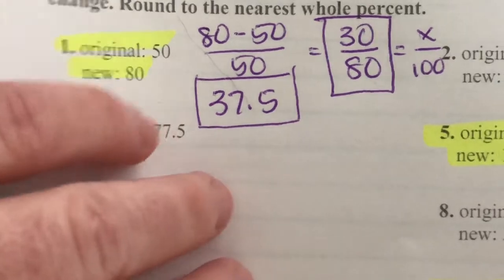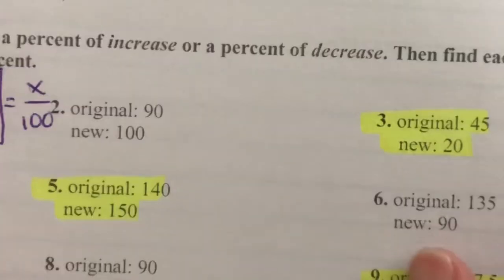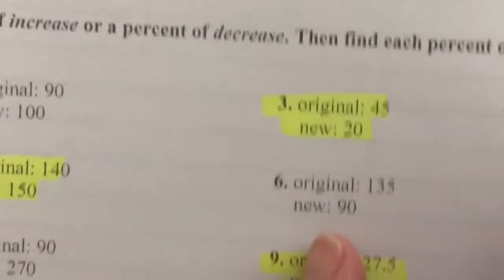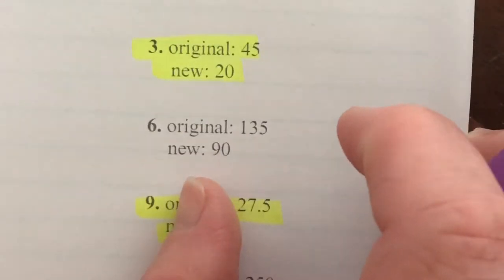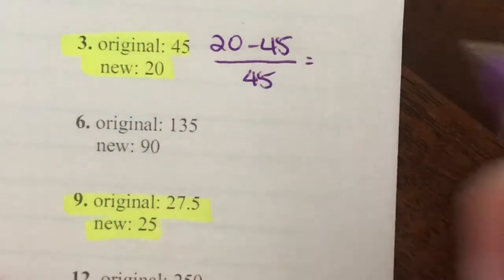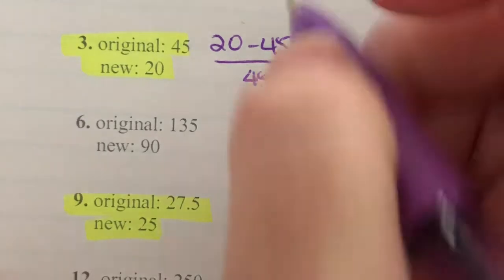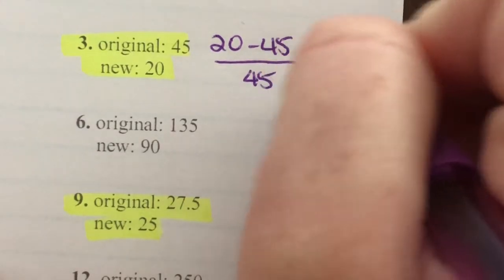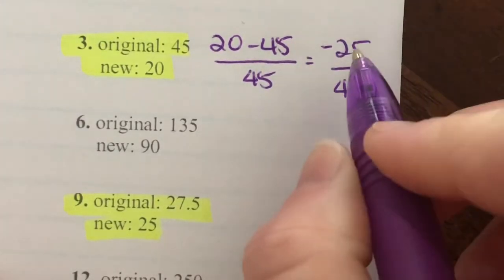All right, so let's do number 3 next. Go way over here to number 3. Move my paper, got all these obstacles. All right, so I want new minus original. So I'm going to have 20 minus 45 over 45. 20 minus 45 is negative 25 over 45. So I have a negative.